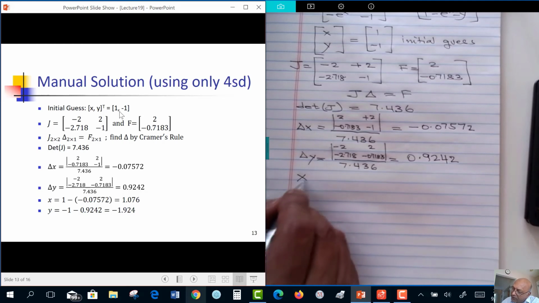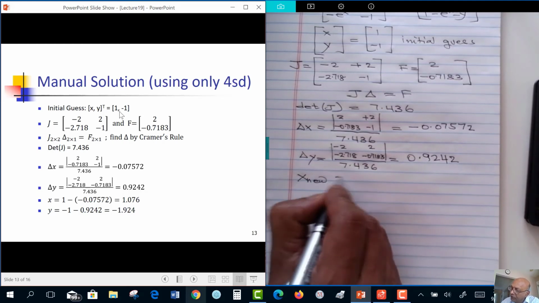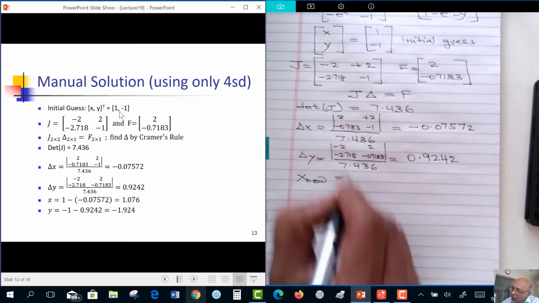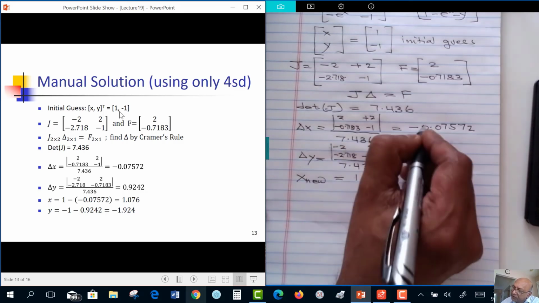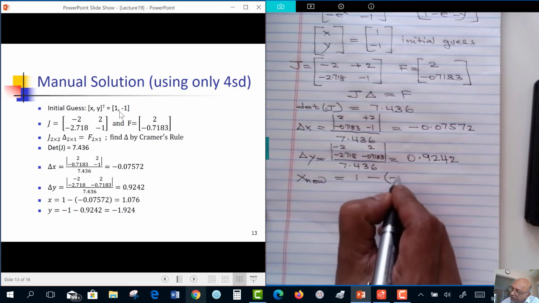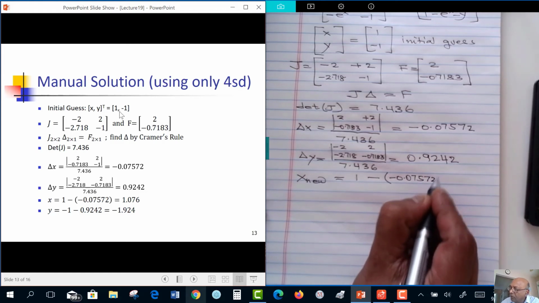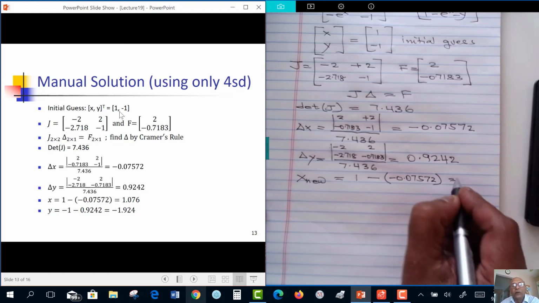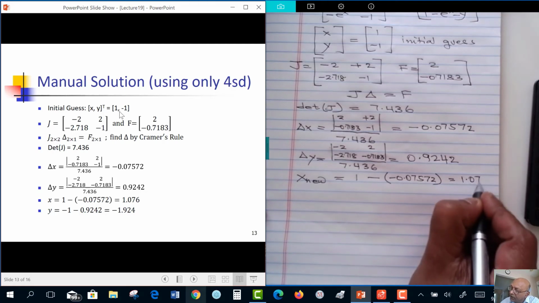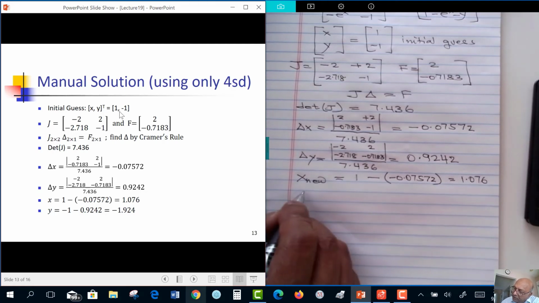So our new x would be therefore old x, which was 1, minus delta x. So we will get 1.076. Remember, rounded to 4 significant digits.